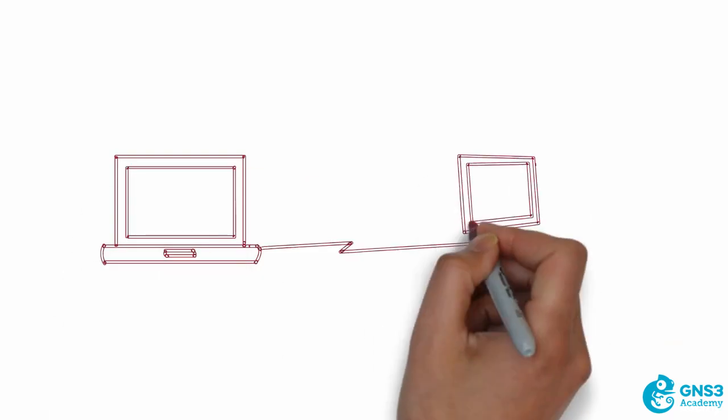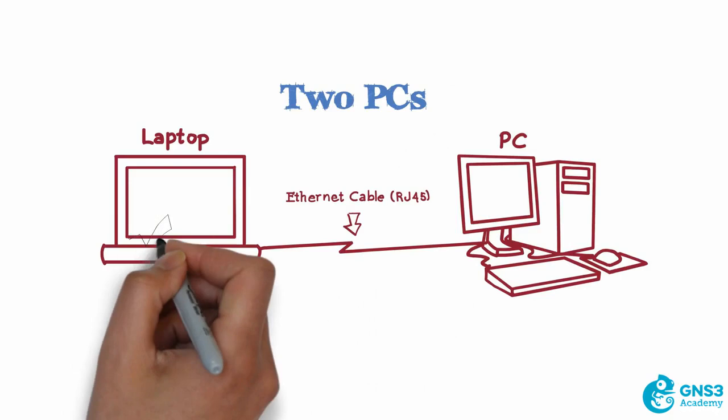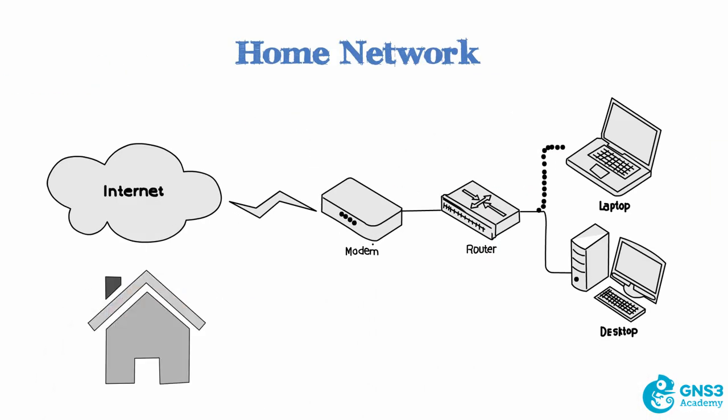So building on our example of a simple network consisting of two PCs, at home you may have a network connecting you to the internet using an ADSL or cable or some other type of broadband connection, which allows you from your laptop or desktop to access the internet.